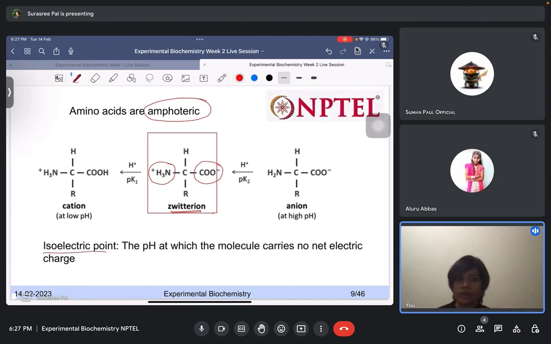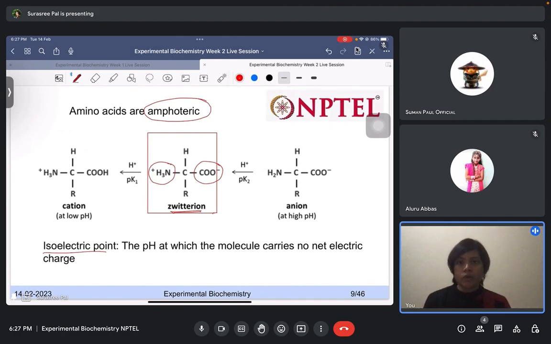It is called the isoelectric point because at this particular pH, the molecule carries no net electric charge, and also this molecule does not move in any electric field because it does not contain any net charge, right? So it does not move in an electric field, and that is why it is called the isoelectric point, right?